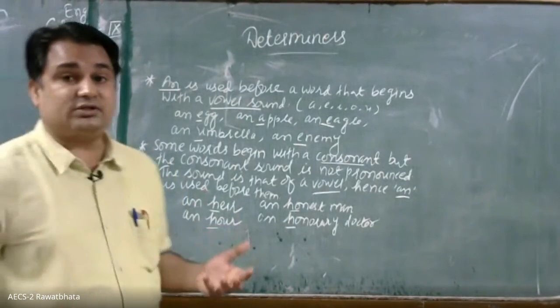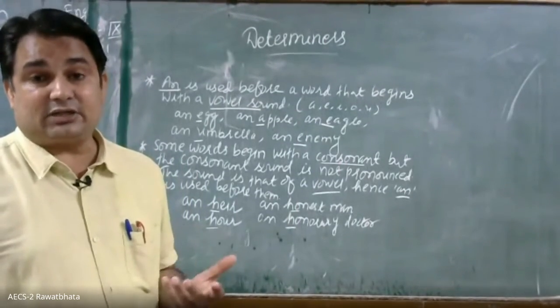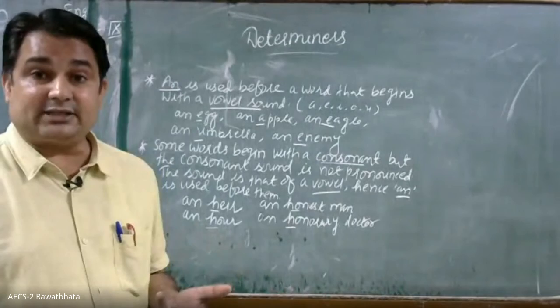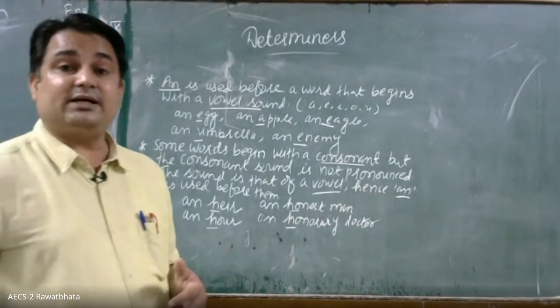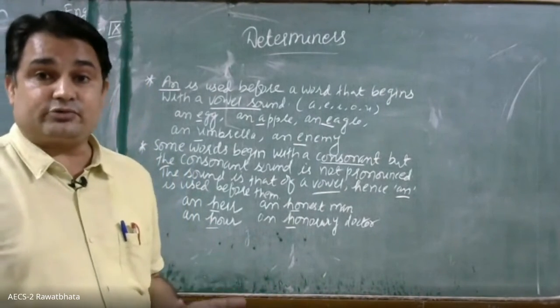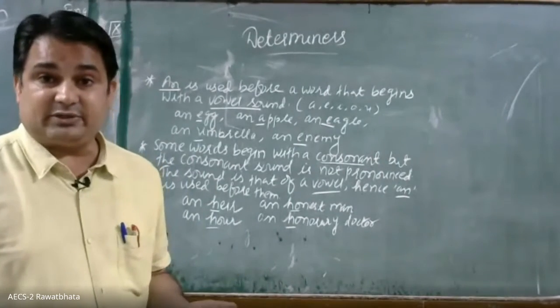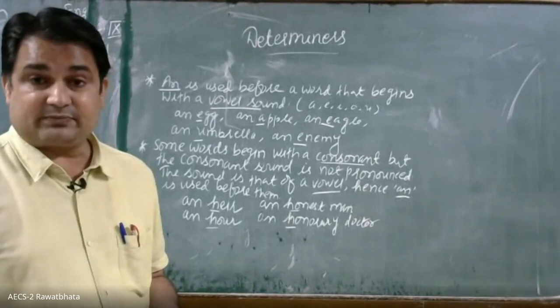Then we have discussed the different determiners. The articles "a" and "the" are common determiners. We have discussed that demonstrative adjectives, which we use to demonstrate something, are determiners. This, that, these, those are determiners.